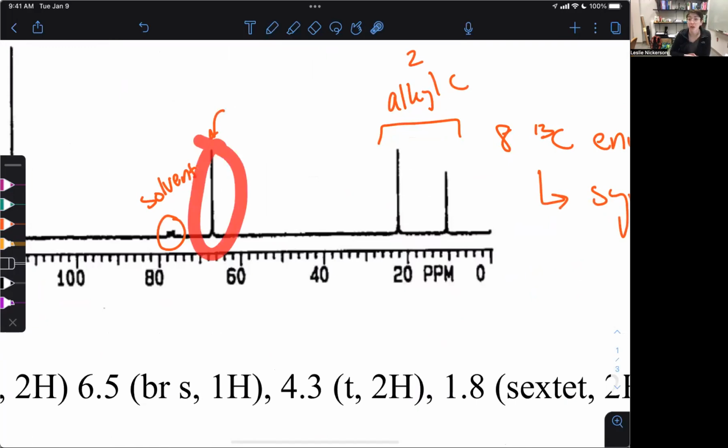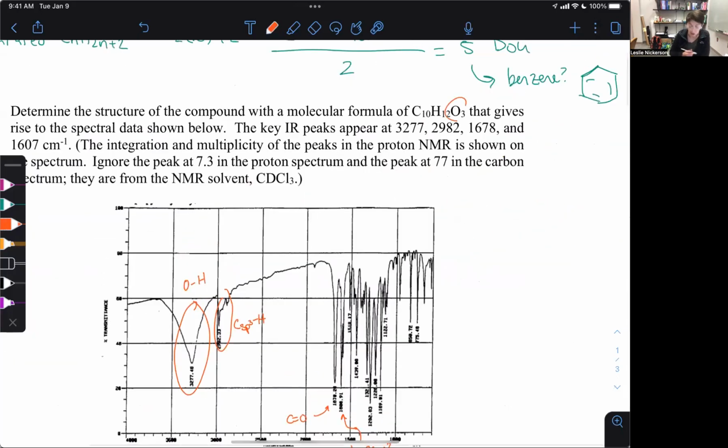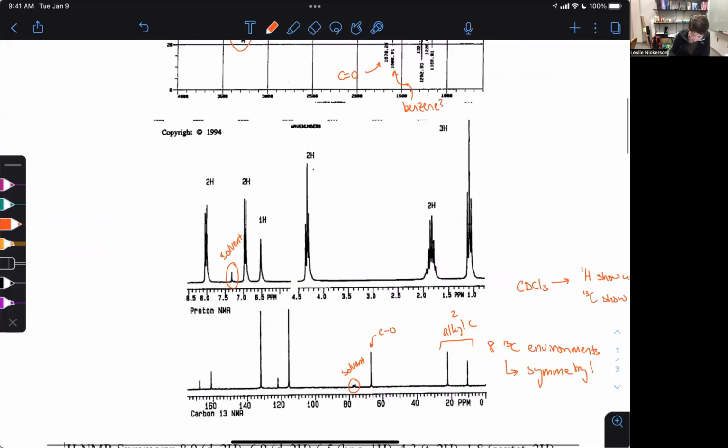Okay, so this one is right around 68, because 70 is right here. So that's going to be probably a CO, and I'm picking O because I know that there is oxygen in the formula. So I've got 1 CO bond.